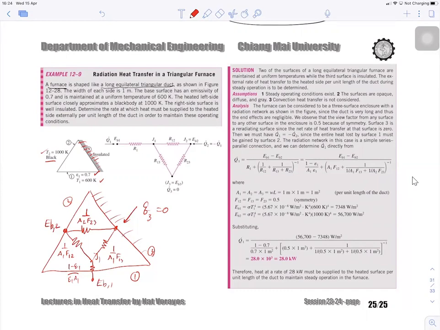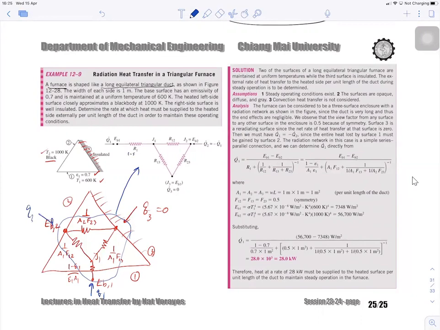And you have Q1 going in like that, and you have Q3 going like that. You take all the circuit and display it.